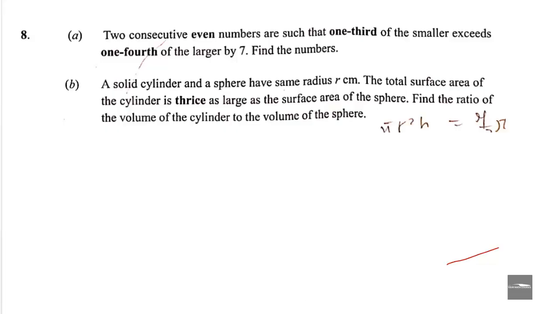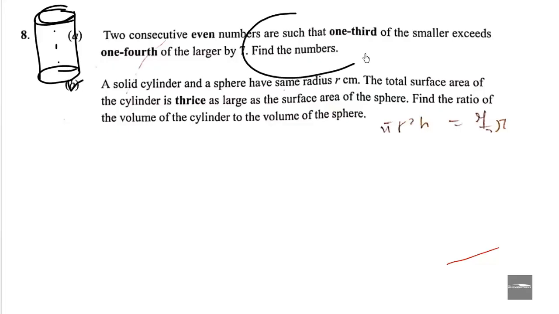So we know a cylinder looks like this. The radius here is r, and we have a sphere also looking like this. We're told that they have the same radius, r.